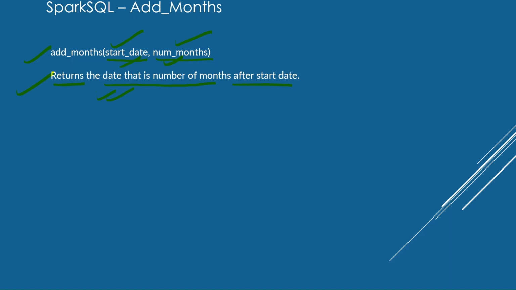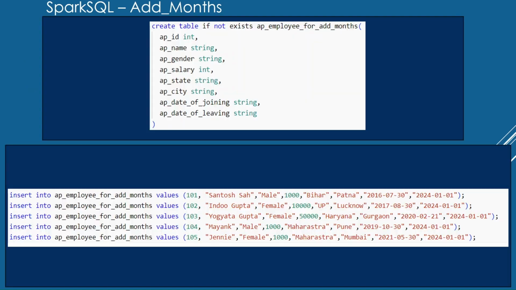With the help of the add month function, we can add the number of months to an existing date column, and a new column will be returned which has the new date with the added months in the start date.